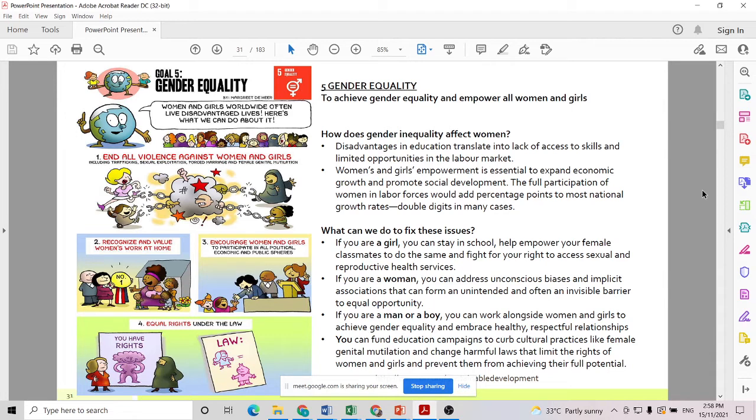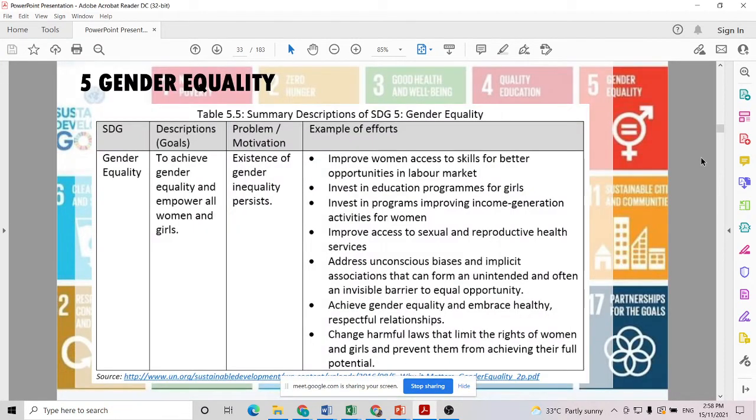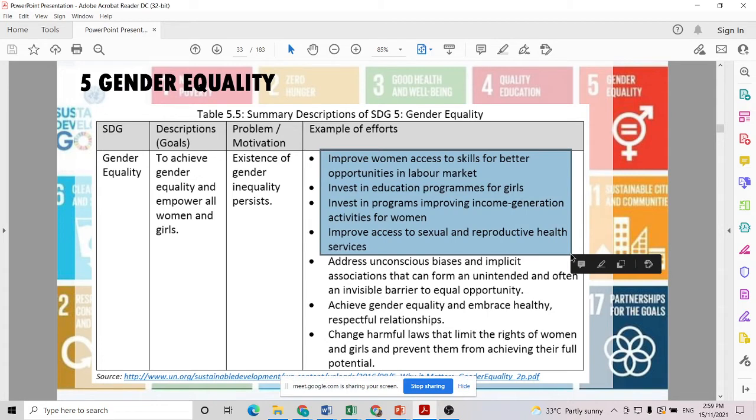So the participation of women is to be equal. Okay, so what is the effort? Improving women's access to skills for better opportunities in the labor market. Invest in education programs for girls. Invest in programs improving income generation activities for women.